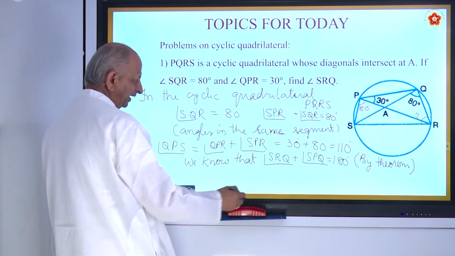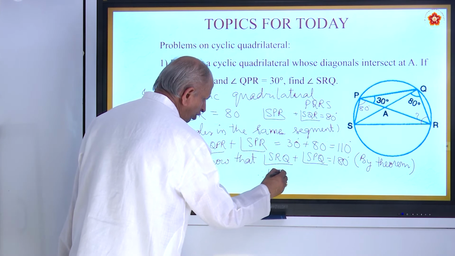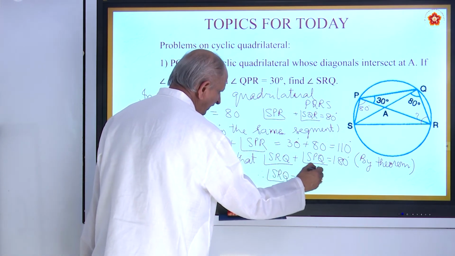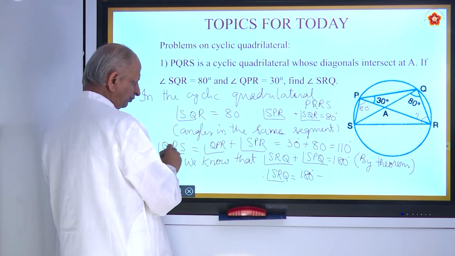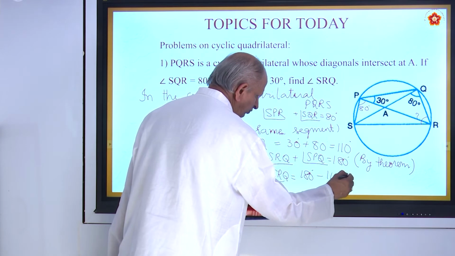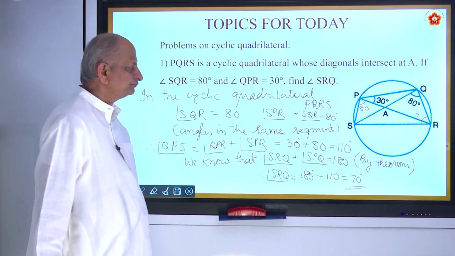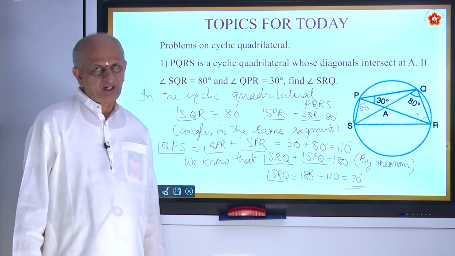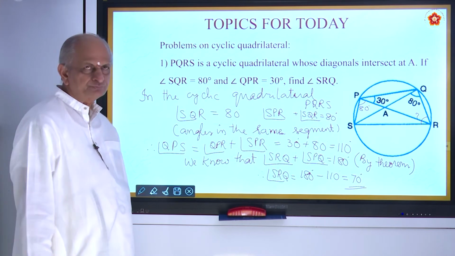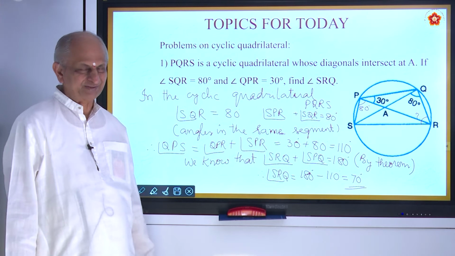How much? 110. Therefore, SRQ will be equal to 180 minus SPQ. How much is SPQ? 110. That is equal to 70 degrees. That's all. Is it alright? Very happy. Note it down. Want some time to note down? Okay, you finished. Super.